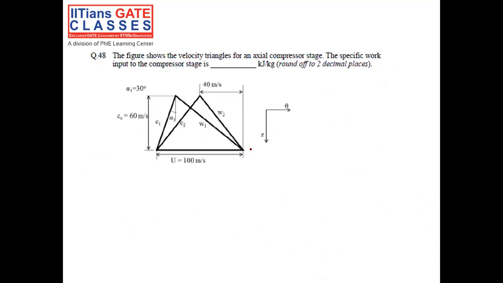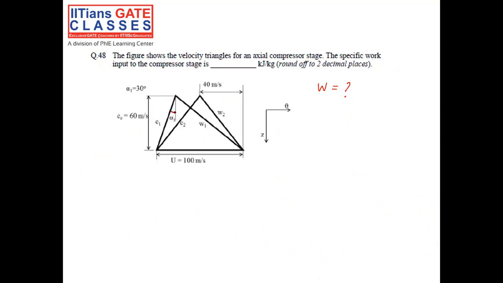Next question. The figure shows the velocity triangle for an axial compressor stage. The specific work input to the compressor stage is... So the velocity triangle is given for flow in an axial compressor, and you have to find the specific work W. This is the entry of the compressor stage.